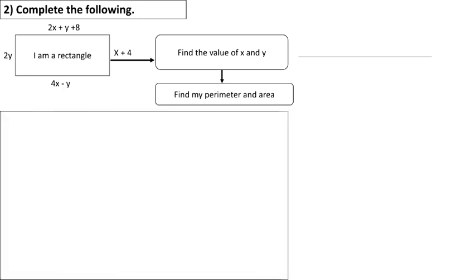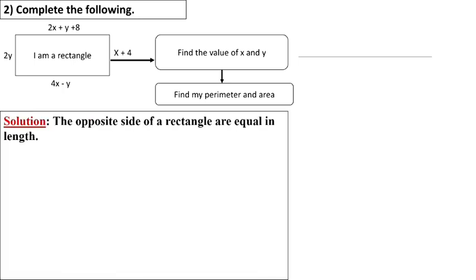As we know, student, opposite sides of a rectangle are equal in length. So we'll take the opposite sides: 2x plus y plus 8 equal to 4x minus y. We'll arrange this. The 4x will come to the left side and become minus 4x. One minus y will come to the left side and become plus y, equal to minus 8.